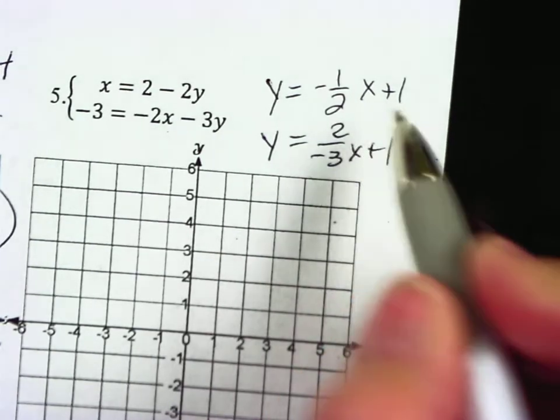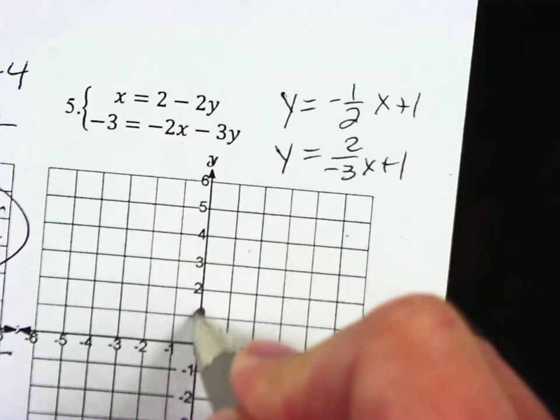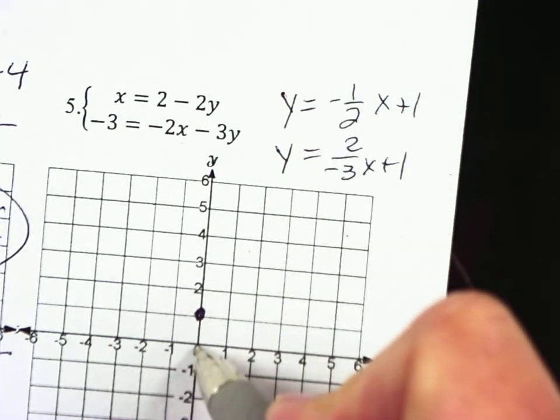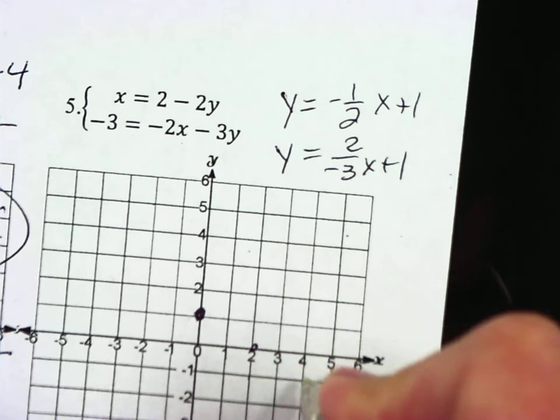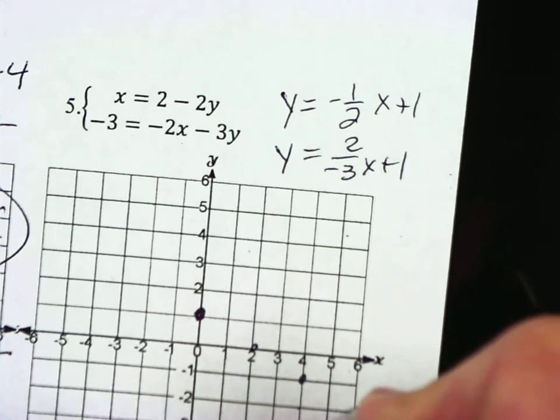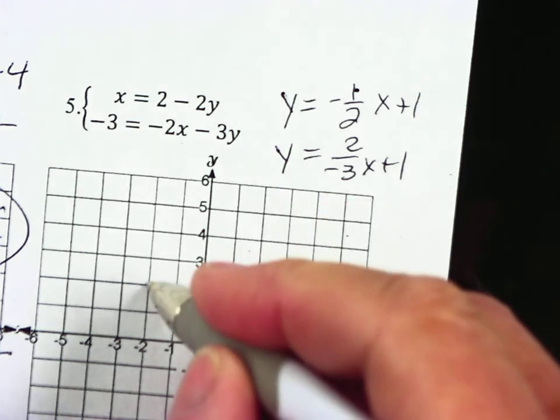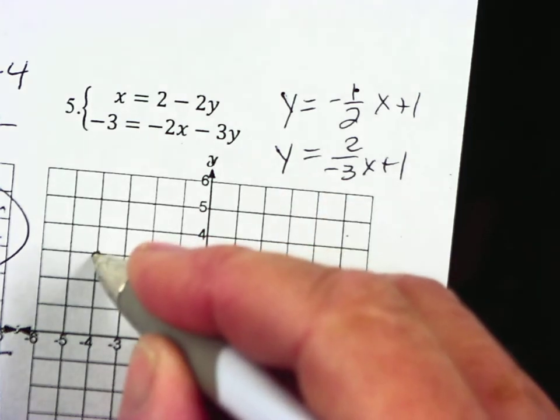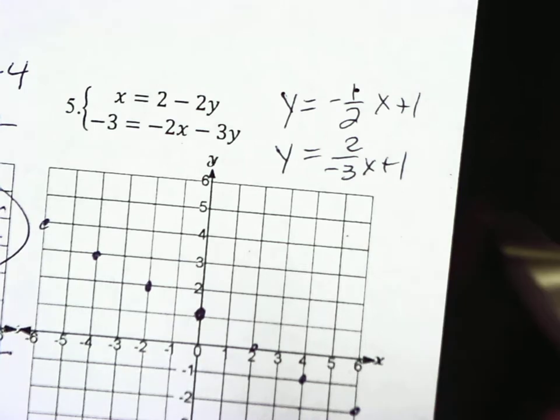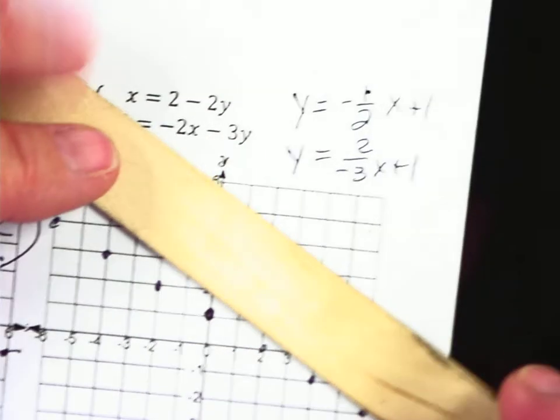I'm going to begin at 1 on the y-intercept, and my movement is going to be down 1 over 2, down 1 over 2, or up 1, back 2. Up 1, back 2. It's still on my straight line. It's still going downhill, which means it's a negative slope.